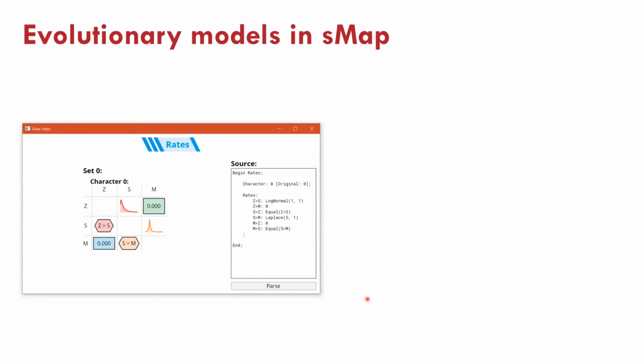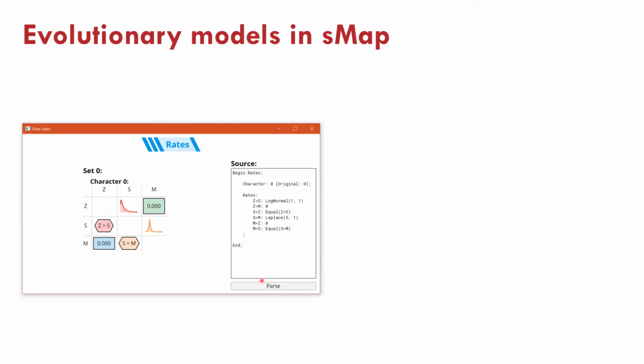Furthermore, sMap has a very nice interface to specify the models, which is really intuitive, I think. And at the same time, you have a graphical representation of your model, which lets you see which parameters are forced to be fixed to a certain value or forced to be equal to other parameters.